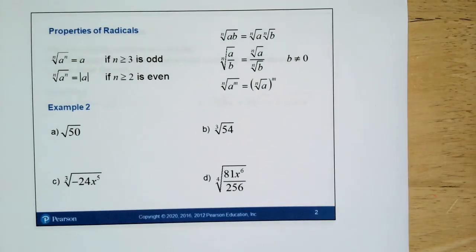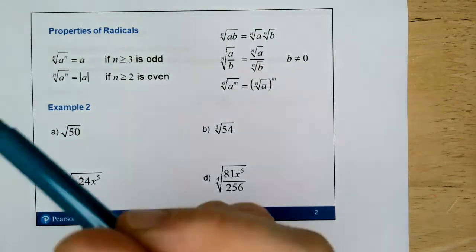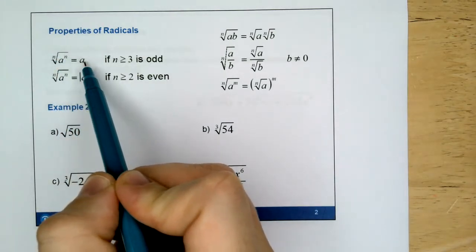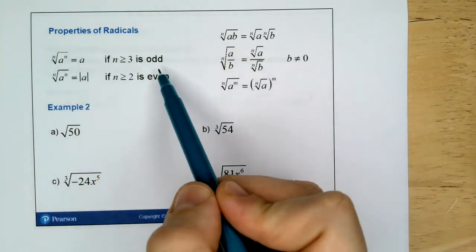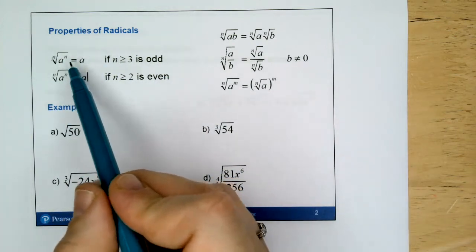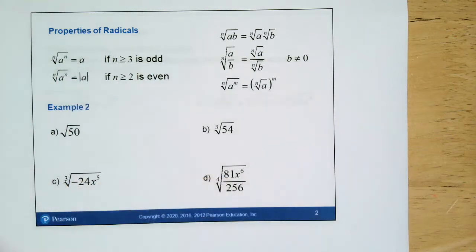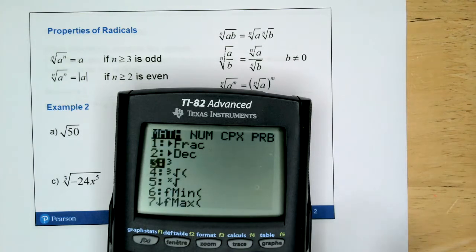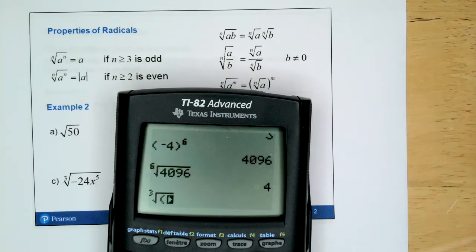Properties of radicals. So this is what we saw before, right? We said the 6th root of -4 to the 6th is 4. If it's an even number, you have to take the absolute value. It will always be positive. If it's an odd number, it could be positive or negative. So let's look at the third root of -4 to the third.